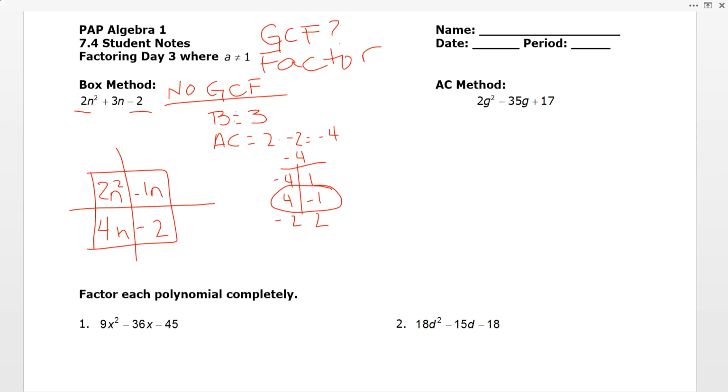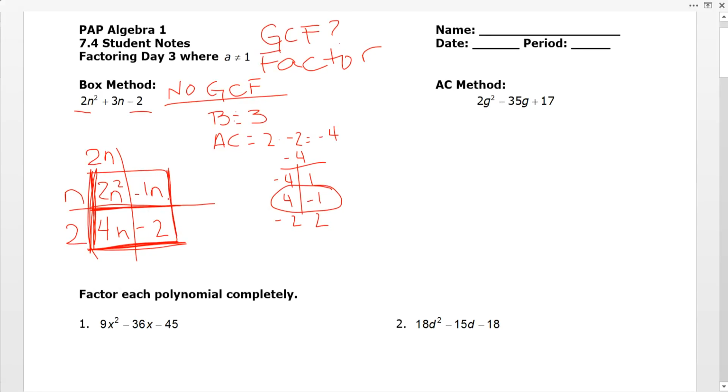Okay, so now I'm looking for greatest common factors, and I'm underlining right here for the top row because I'm looking for the greatest common factor with 2n squared and negative 1n, and the greatest common factor is simply n. For the bottom row, I can take out a 2. For the left-hand column, I can take out a 2 and an n.